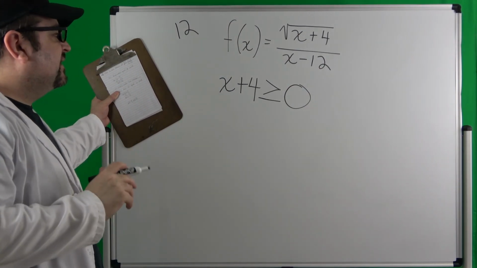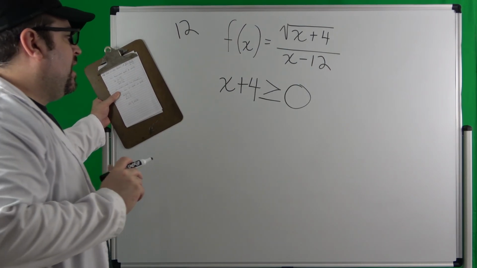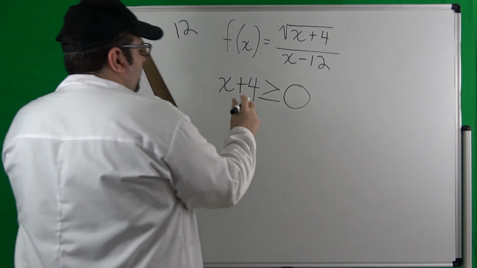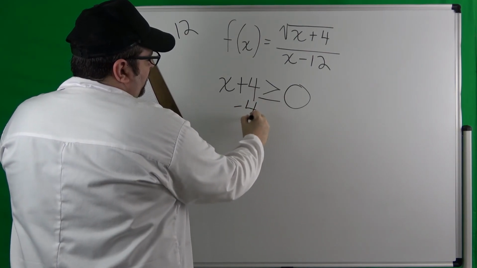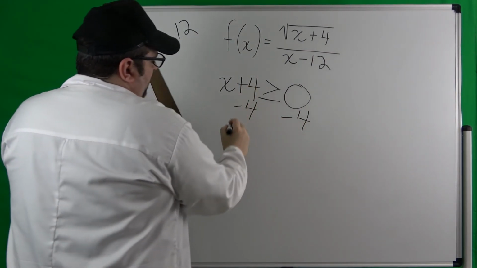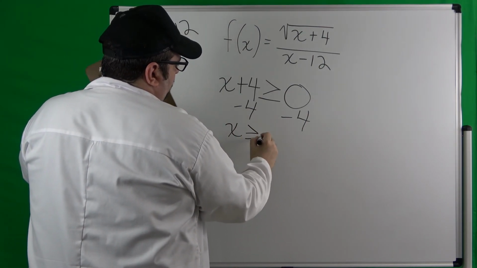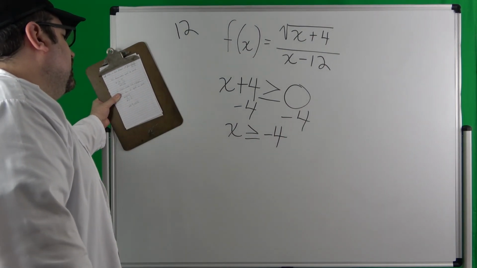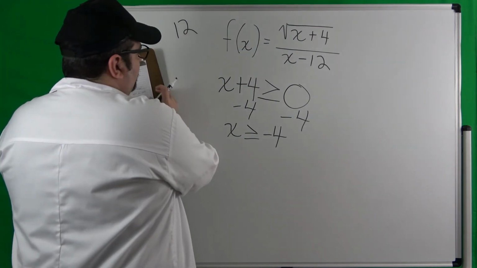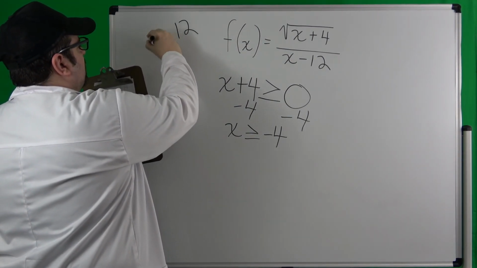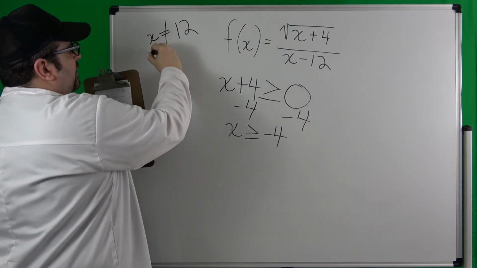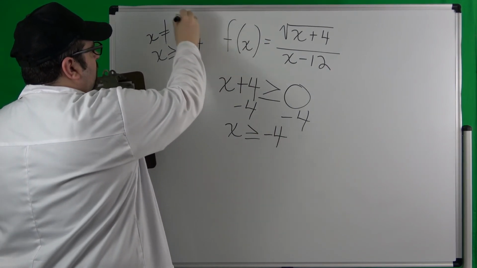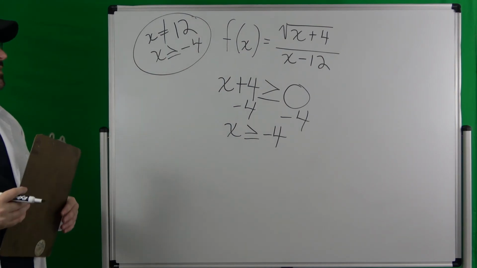So we need to know what x can be that would make it greater than or equal to 0. I'm going to subtract 4 from both sides and get x greater than or equal to -4. So, all right, that's our final answer then. x cannot equal 12, and x has to be greater than or equal to -4. There we go. That's it.